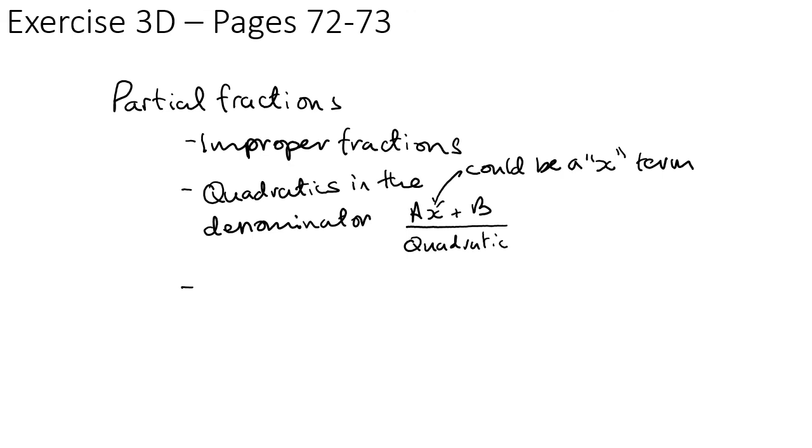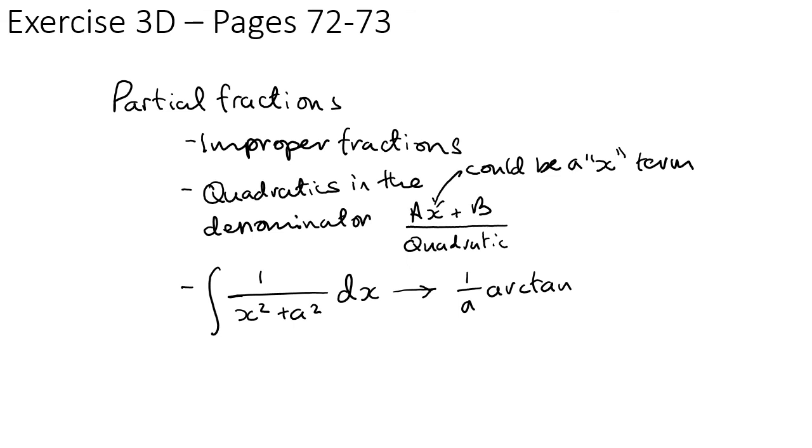You'll notice this arctan comes up a lot because we've got 1 over x squared plus a squared, and you're probably getting used to working out what that is actually without even referring to the formula book.